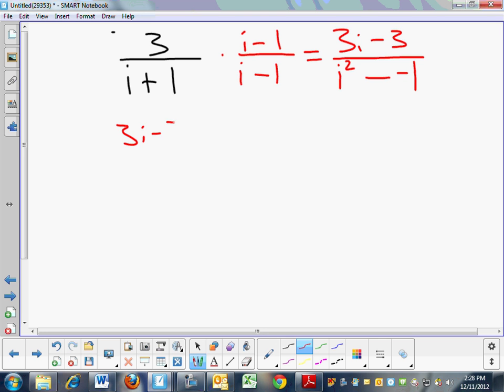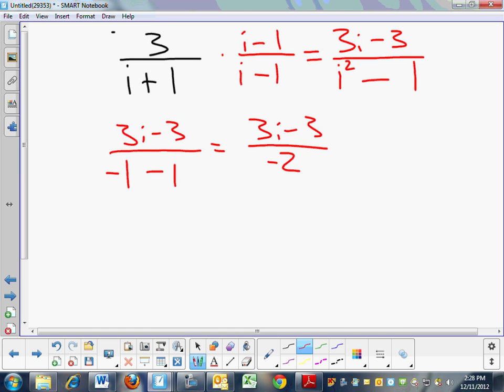So I have 3i minus 3 over negative 1. Whoop. Sorry, guys. Sorry. So I get negative 1 minus 1. I end up with 3i minus 3 over negative 2.